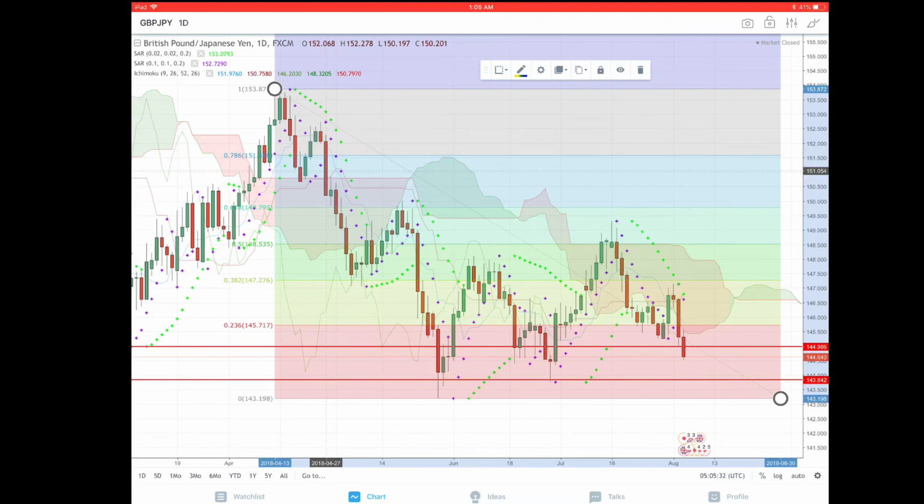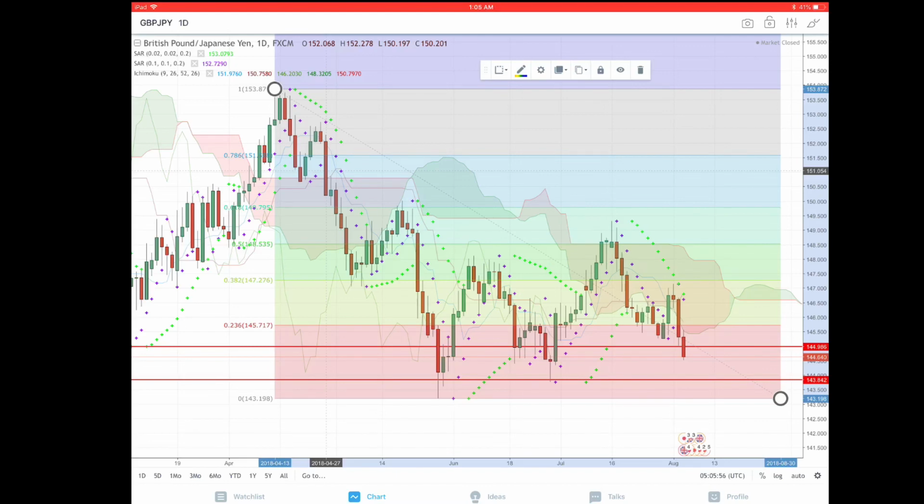Everything is lined up for the sell structure. This area of support was broken, and this looks like a pretty strong candle. It closed below the support area, so that tells me the price is going to continue to go down.